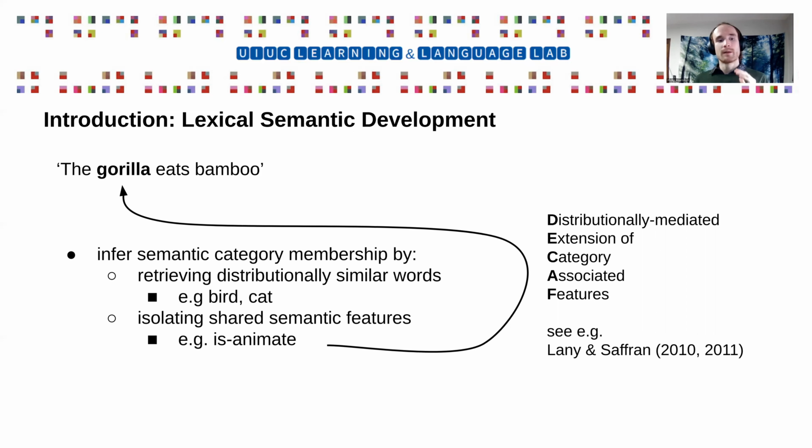There's some fantastic preliminary work showing that children actually do this, right? This is actually really hard to do, and that's why there's only a couple of studies of this type.